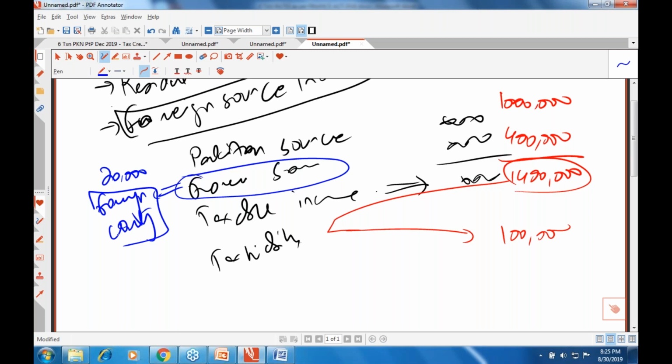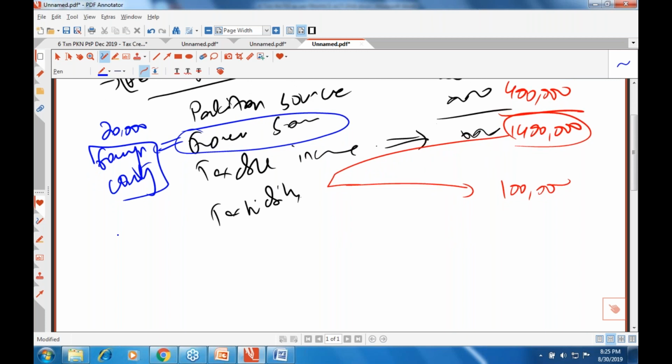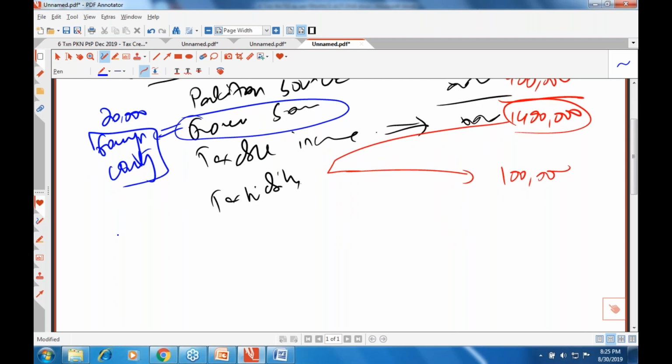There is actually a foreign tax credit that is available. Now, what is this foreign tax credit? It is subject to the double tax treaties, but the foreign tax credit works like this. You have to calculate the foreign tax paid.